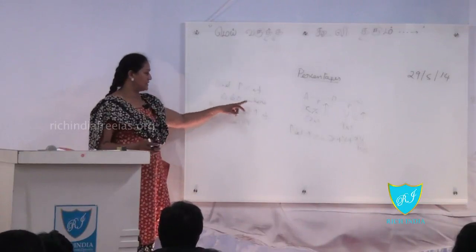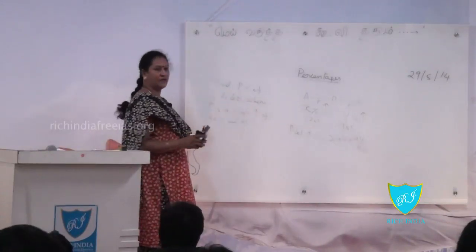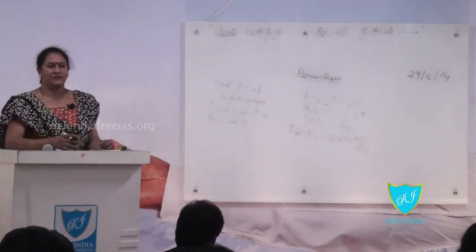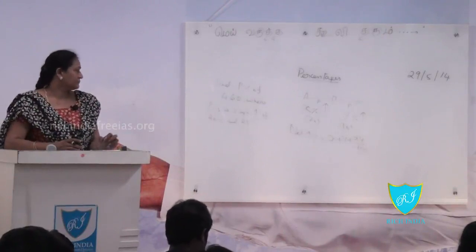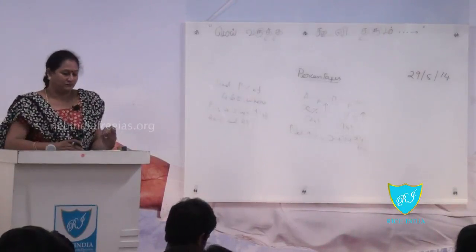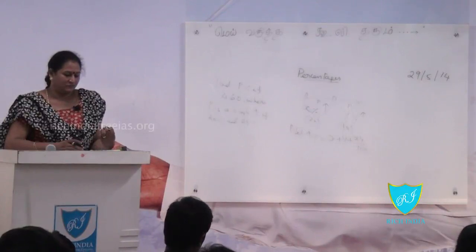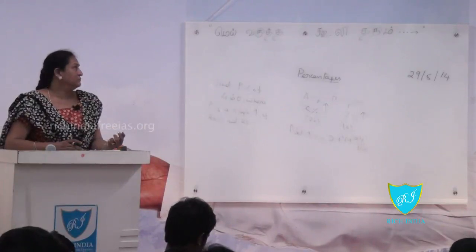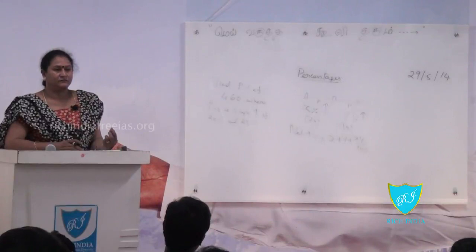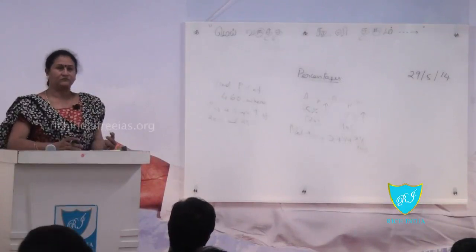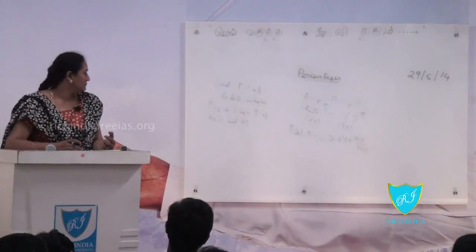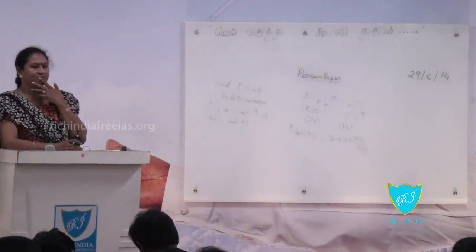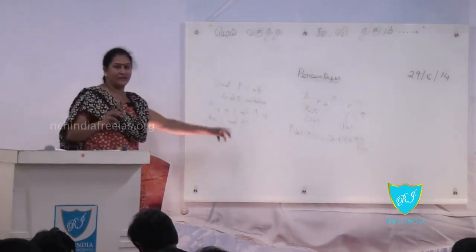Find p% of 460 where p is a single increase of 20% and 25%. So you find what is the single increase for 20 and 25.